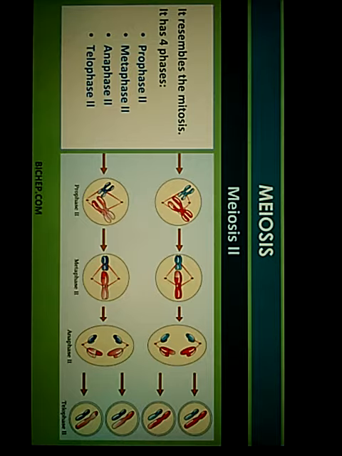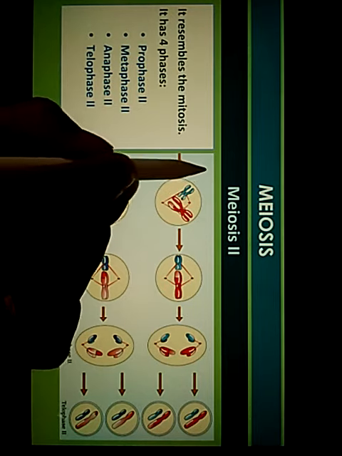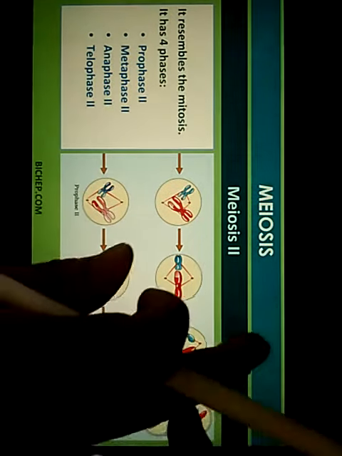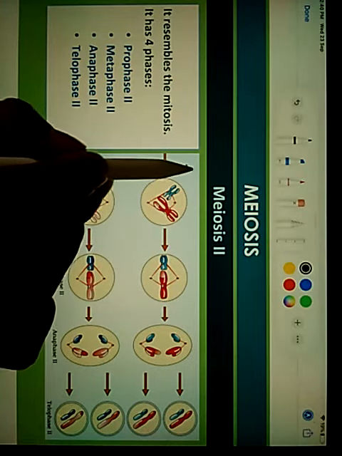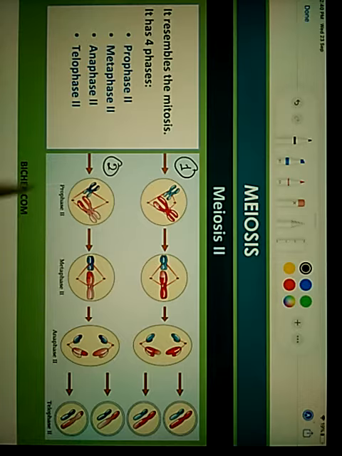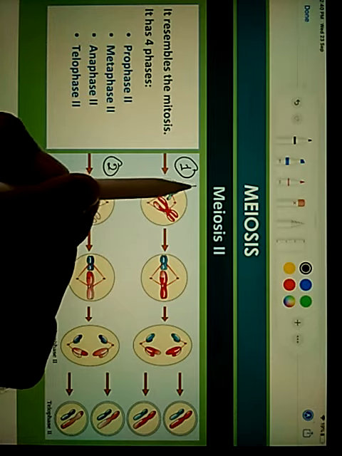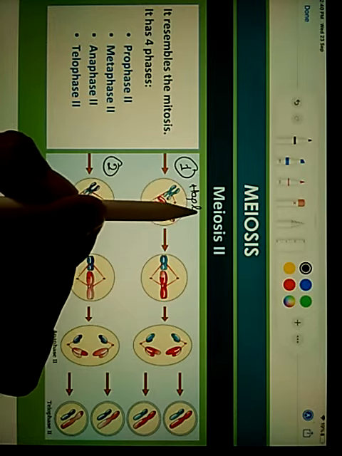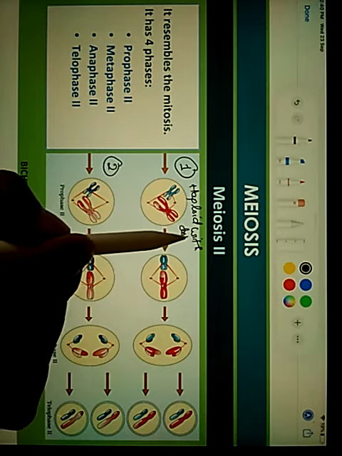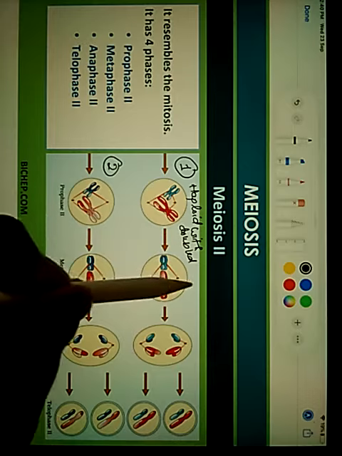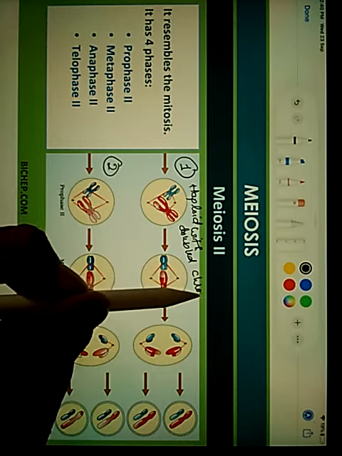So right now in Meiosis II we have two daughter cells, and they are in haploid condition with doubled chromosomes.